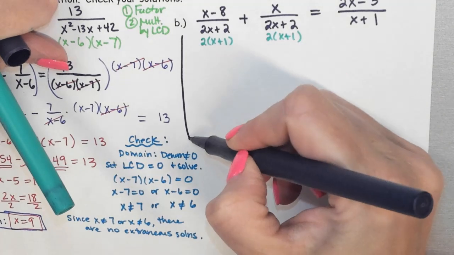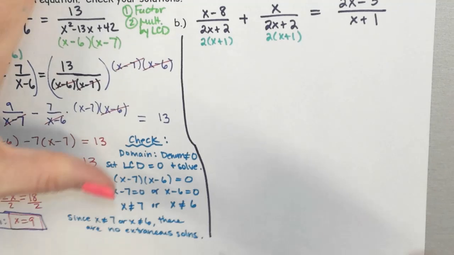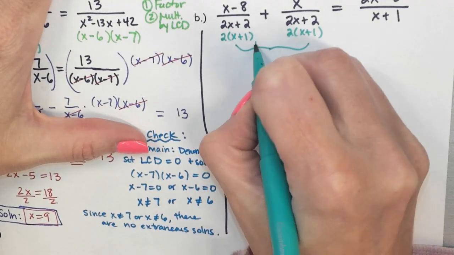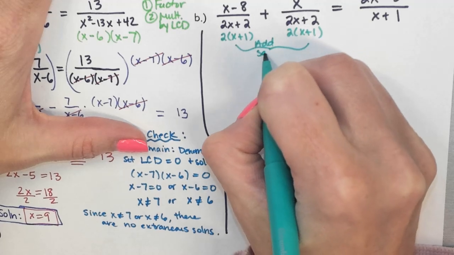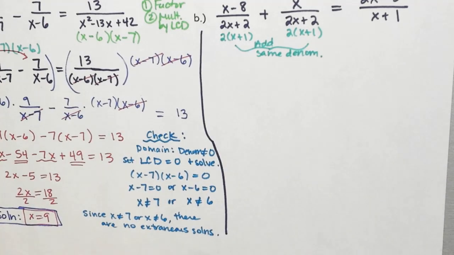Yeah, you can just combine them. You can add them, right? You can add fractions if you have the same denominator. So we're going to go ahead and do that.